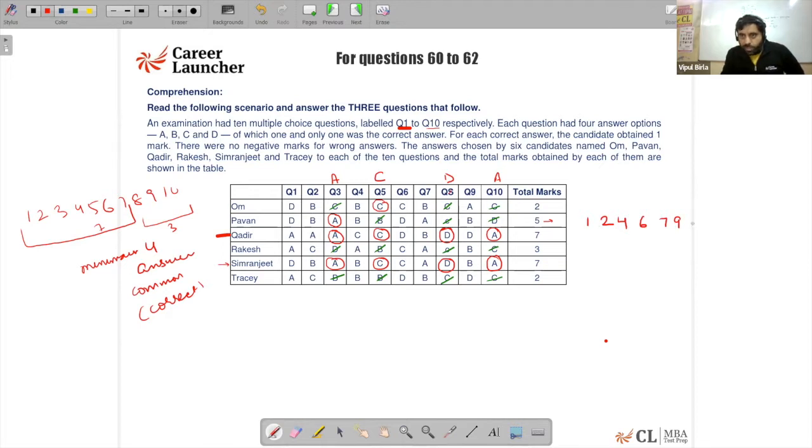Out of these 6, 4 are correct. While if you look at Om, for this 1, 2, 4, 6, 7, 9, only one is correct.